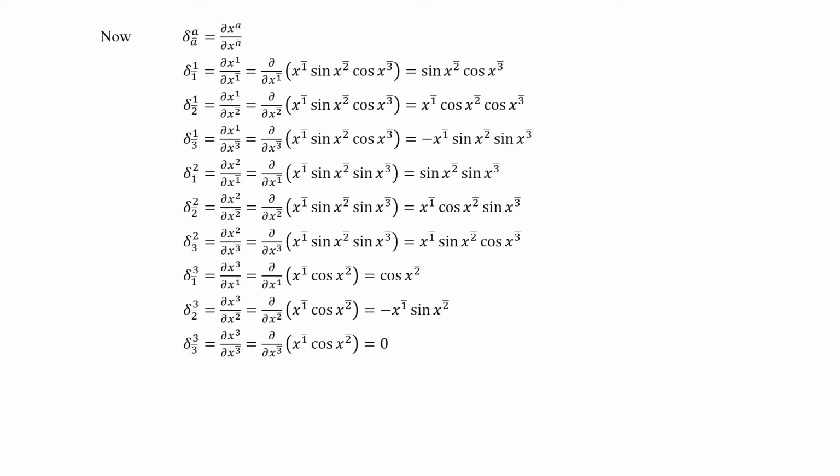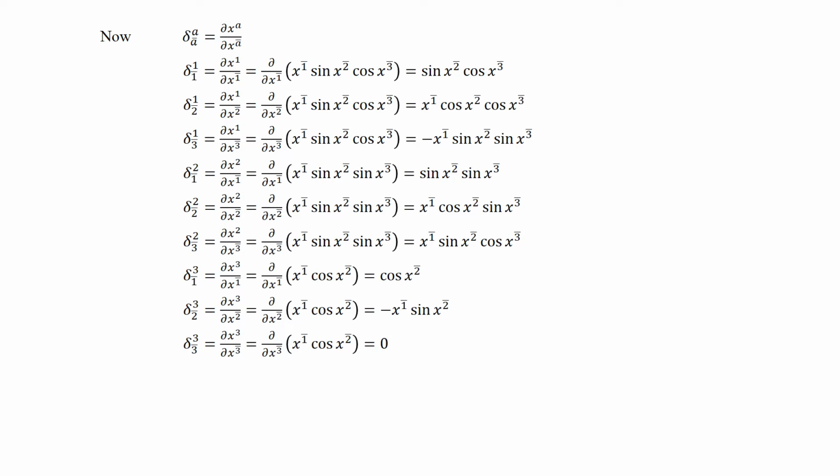Okay, now we come to the question. Delta 1 bar is equal to partial x1 partial x1 bar, and in brackets, from the first equation, we write the value of x1. Actually this x1 is equal to, in our previous coordinate system, x, which is equal to r sin theta cos phi.